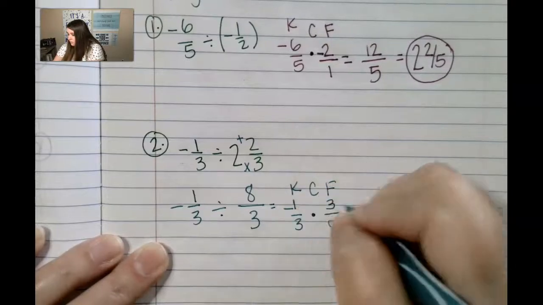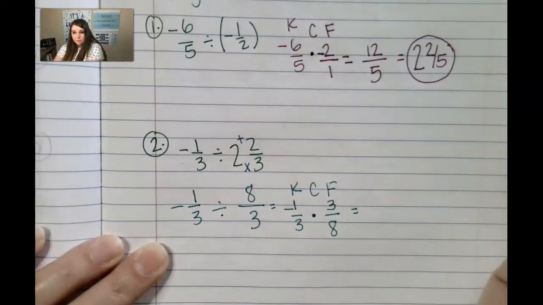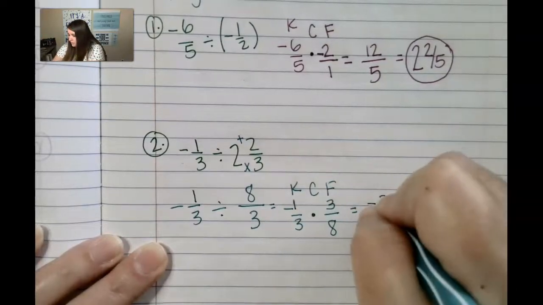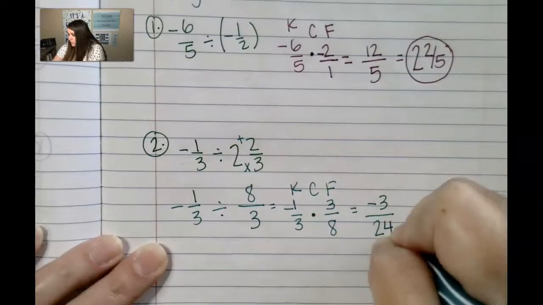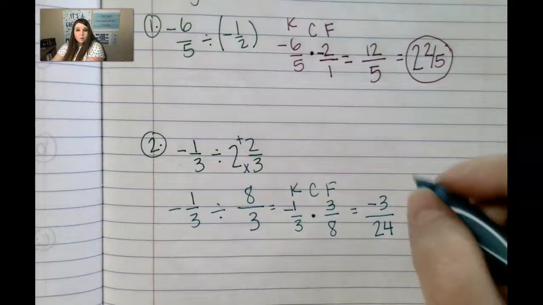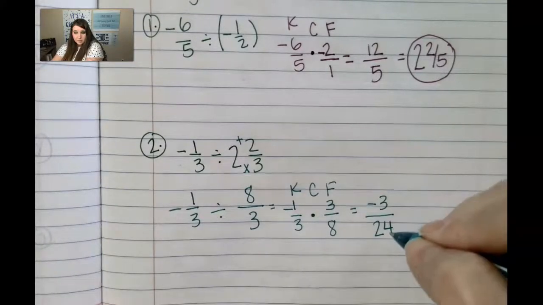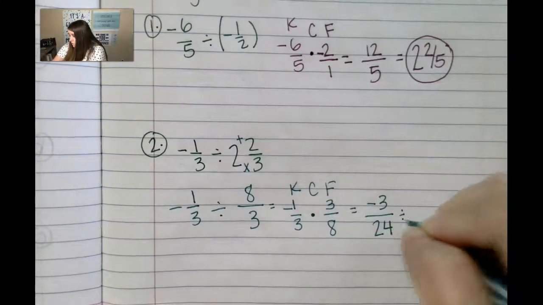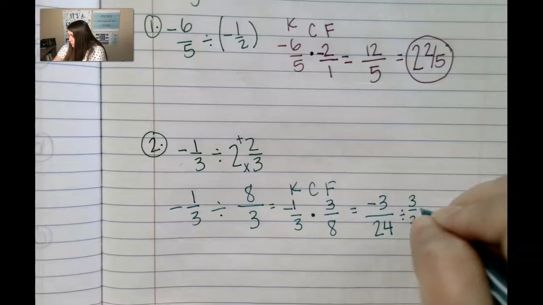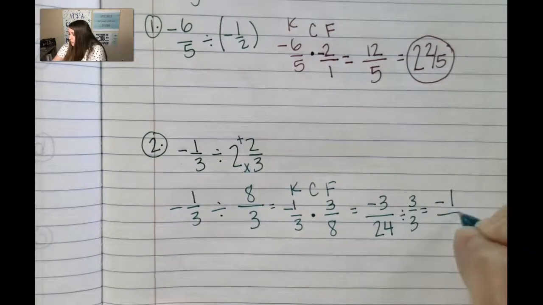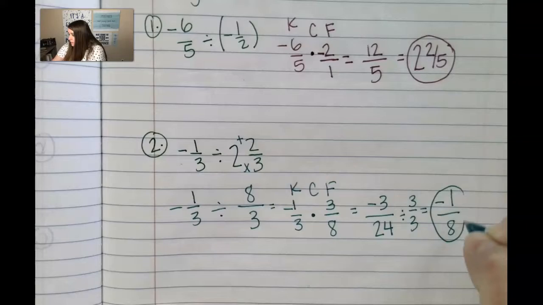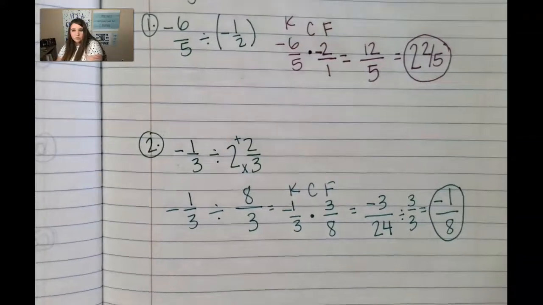So we have negative 1 times 3, which gives us negative 3, and 3 times 8, which is 24. I know that 3 can go into 24, so I'm going to reduce this by dividing by 3 over 3, which gives me negative 1 over 8. There we go. There's my fractions.